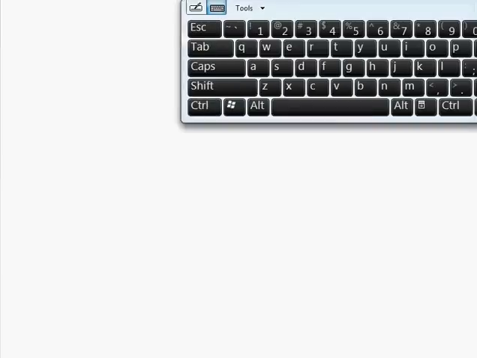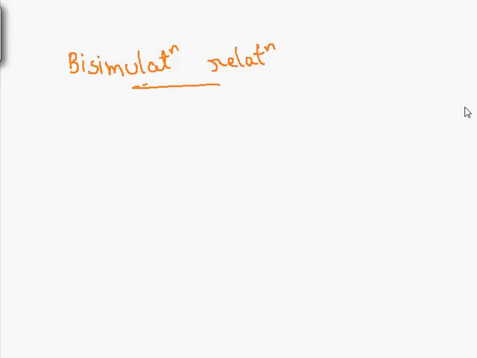First we'll see what exactly this bisimulation relation is. Consider that I have two label transition systems, say A1 and A2, and there is a state S in A1 and S dash, and here I have some state T and T dash.